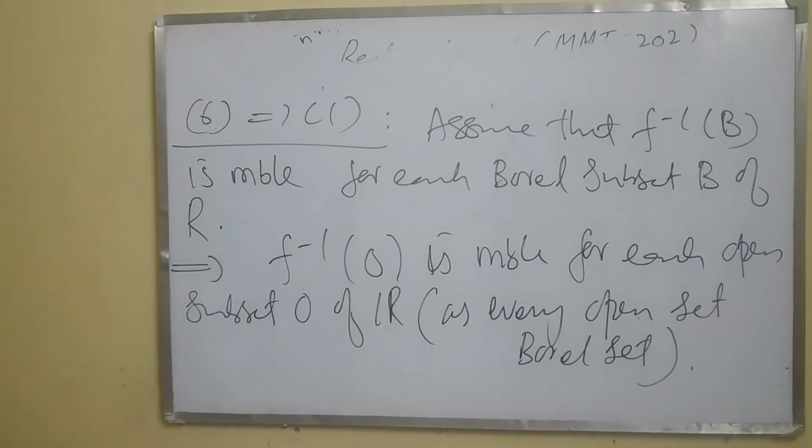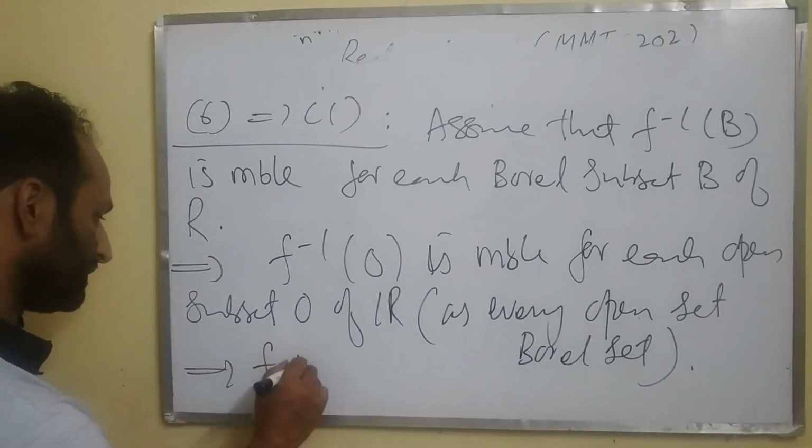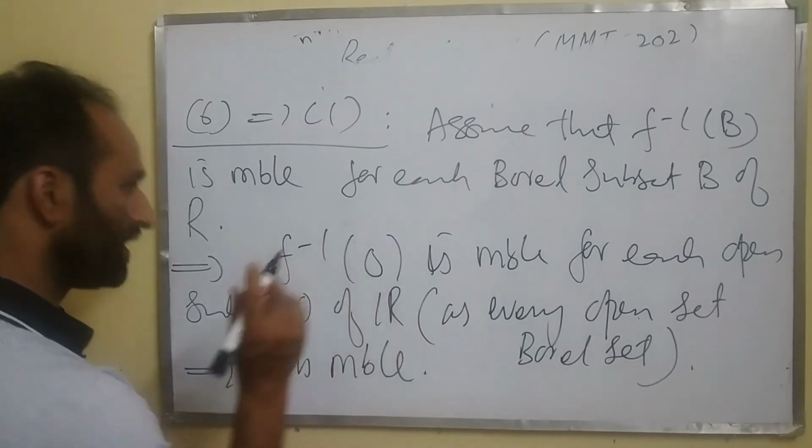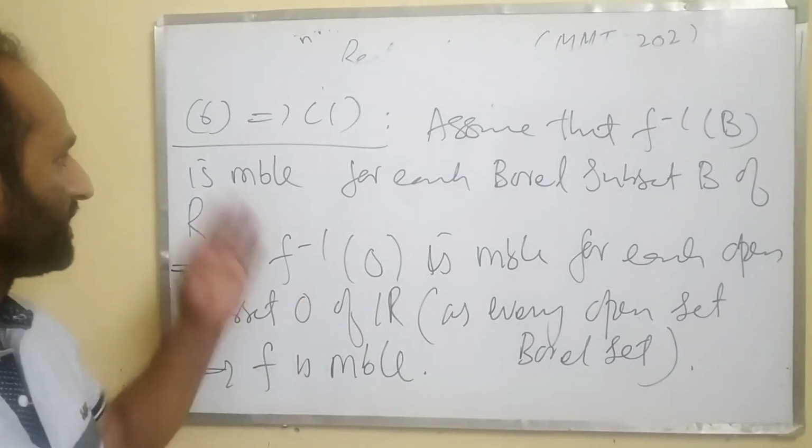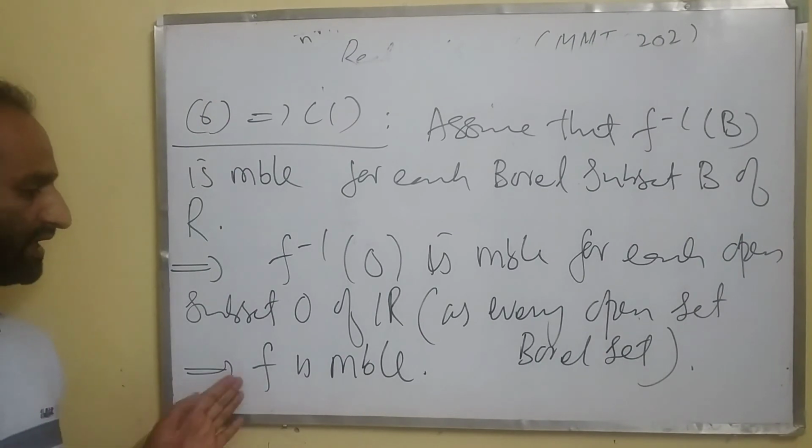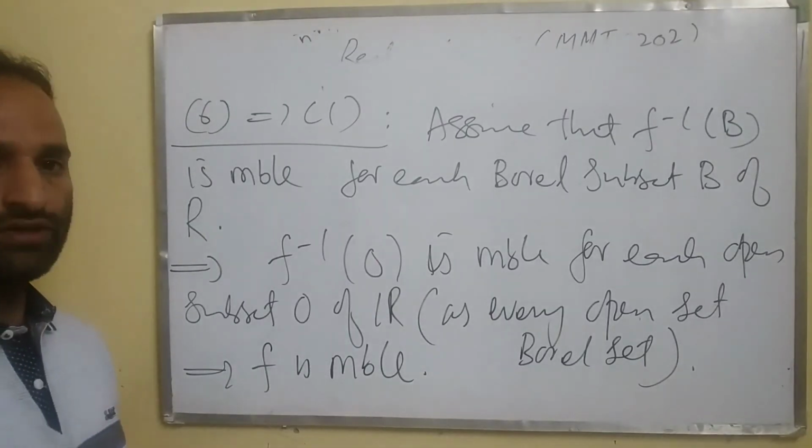Therefore, F inverse of open sets is measurable for each open subset of R, which implies that F is measurable. So that gives 6 implies 1. That's 1 actually: F is measurable. So thank you.